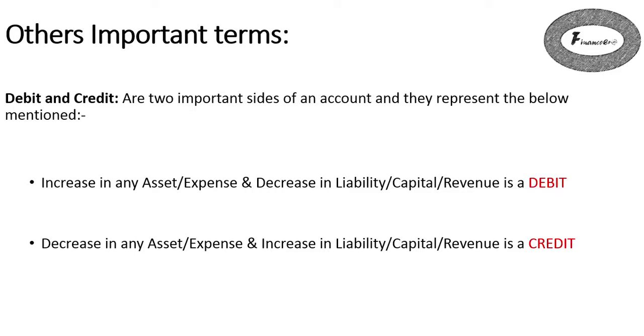And vice versa, if there is a decrease in an asset or expense and an increase in a liability, capital or revenue items, it is always a credit. So this is an important thumb rule that we should always remember. In future, when we would be doing the journal entries, this rule would be very useful for an accountant.